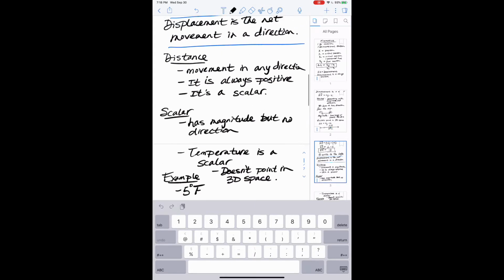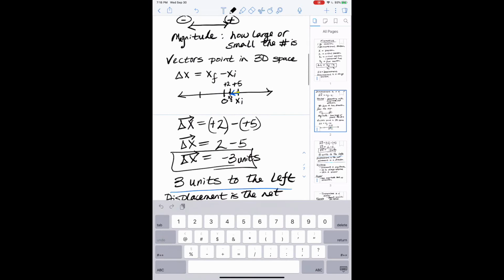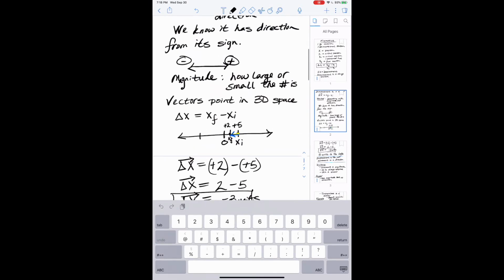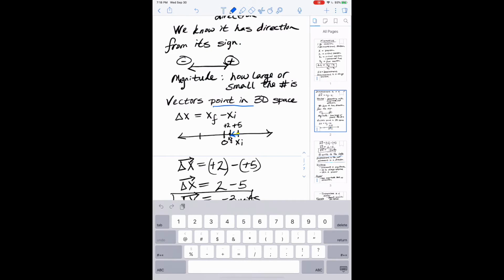And that just wouldn't make sense. Whereas -3 units, you could say 3 units to the left, 3 units east. And so this is why this is a vector. So vectors point in three-dimensional space, and this is what I meant by that. Now you can kind of see the difference there.